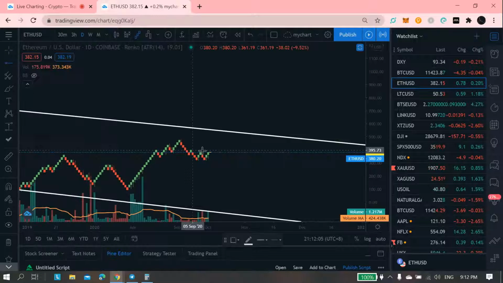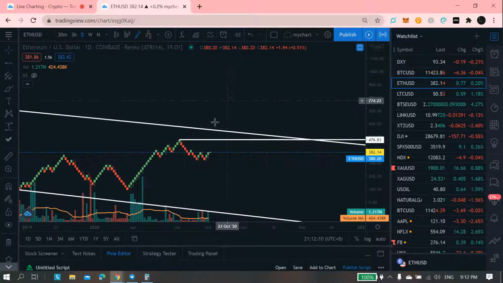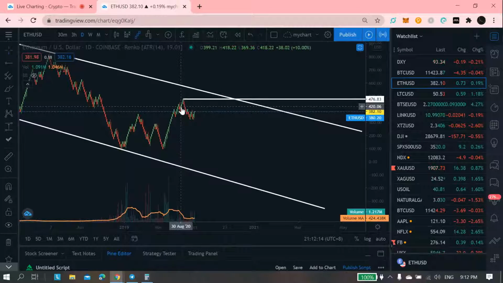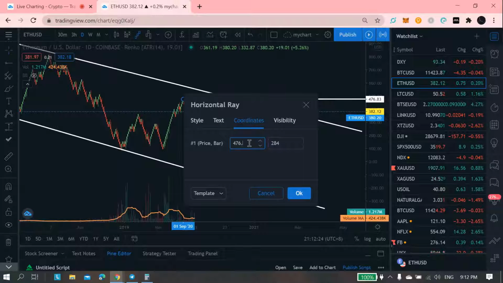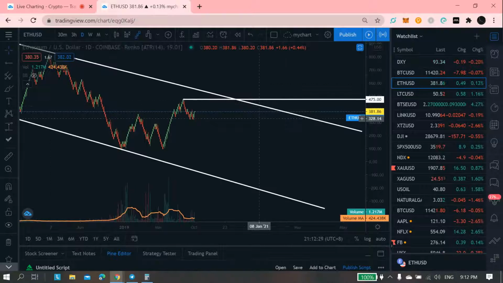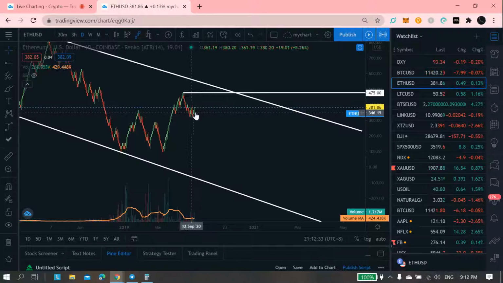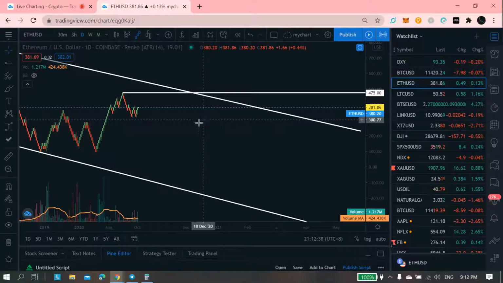So let's put our line. This is the resistance I'm currently looking at. Oh, sorry, this is actually the 475 area. And if you look at the Renko chart, it's forming a projected bullish Renko.